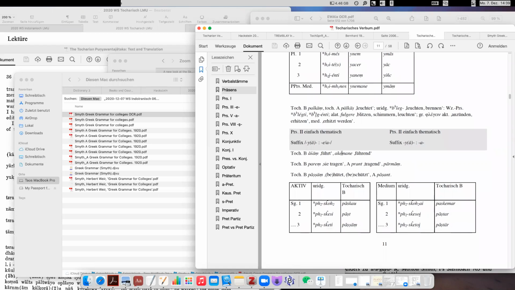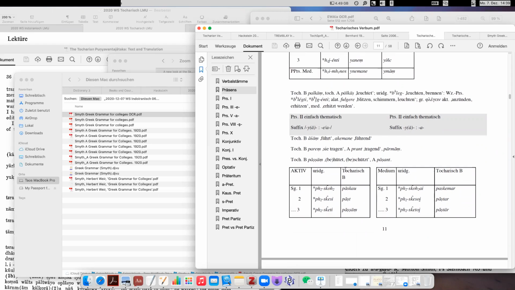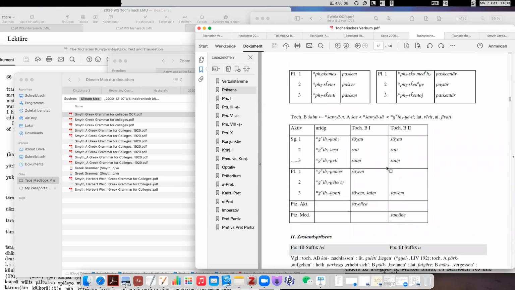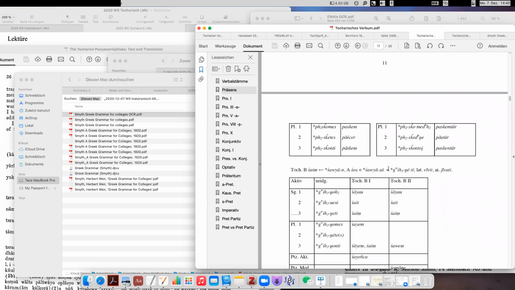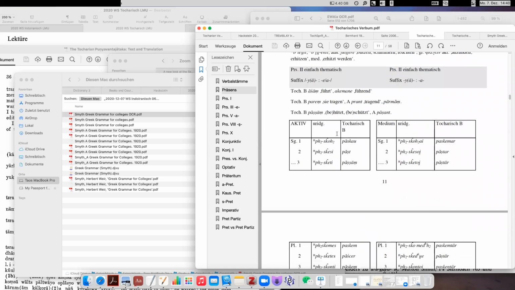And then present two, second class, is called simple thematic. So simple thematic means that you have a root, and then you have a thematic vowel, and after the thematic vowel, you put an ending.